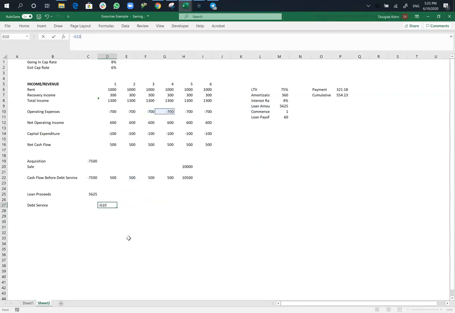Our debt service is also known as our payment. Lock that cell by hitting F4. Make the formatting consistent, so we'll use Format Painter here.